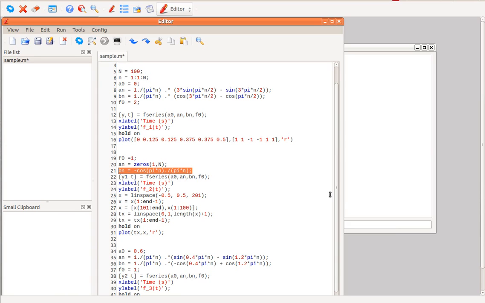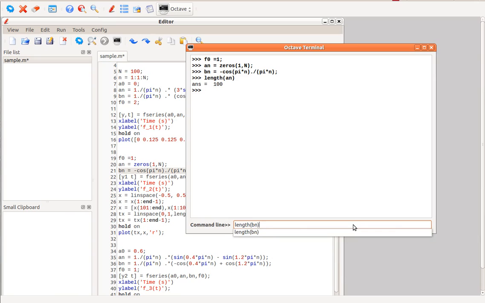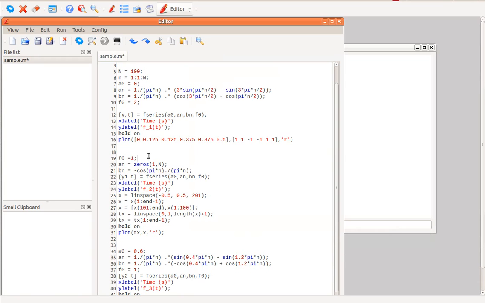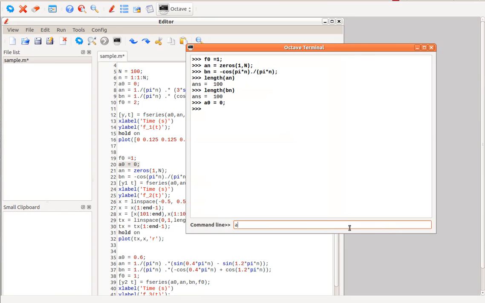After running those couple of lines, notice that length of An is 100, and length of Bn is also 100. So there are 100 coefficients inside the vectors An and Bn. And A0, I don't think I declared that, so I better do that now. A0 is equal to 0. So A0 should return 0. That's fine.